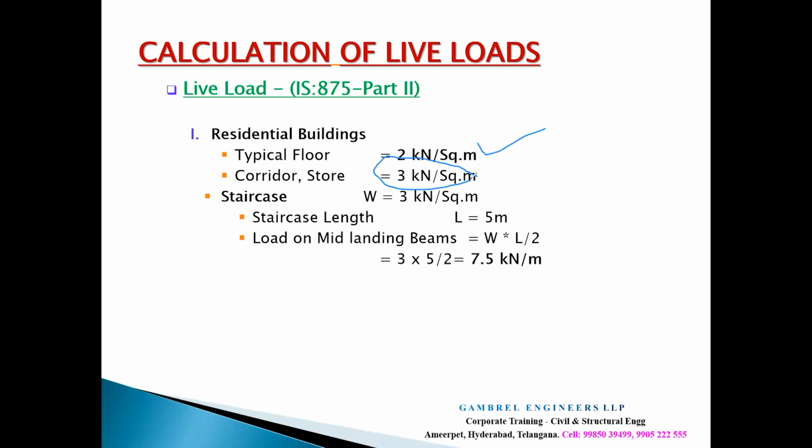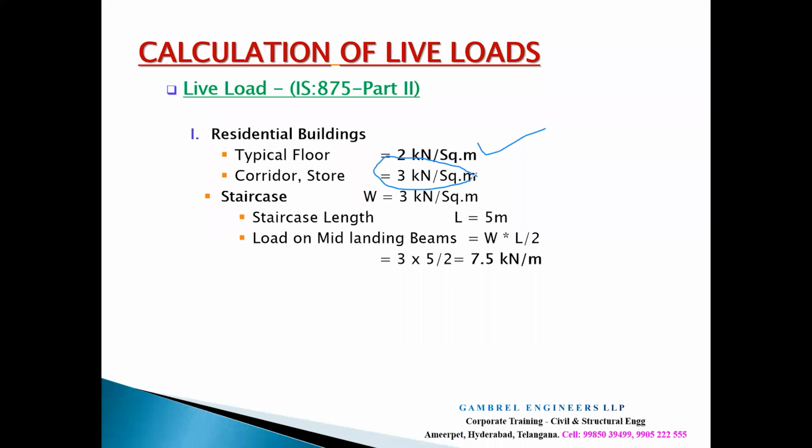Though the code suggests taking different loads like 3, 2 and so on, especially when you are performing quick designs, like designing in 1 hour or 2 hours, we deviate the accuracy level a little, on the conservative side. So though the code has given 2 kN per square meter, 3 kN per square meter and so on, you can either take 3 on the entire area or take only 2 on the entire area, because the application of 2 kN per square meter would be on most of the floor area rather than 3, since the storeroom size is very small.